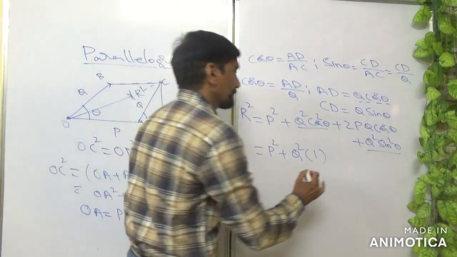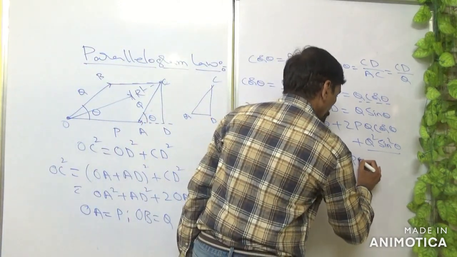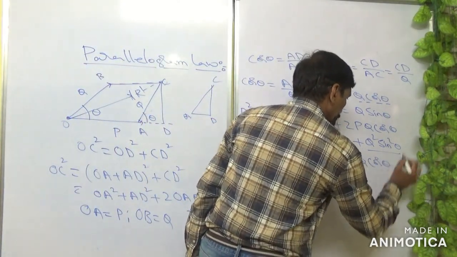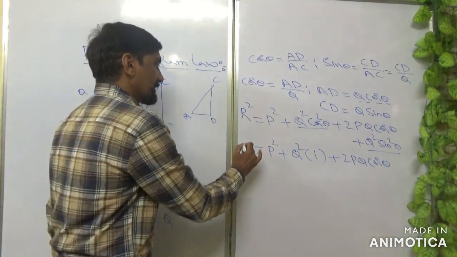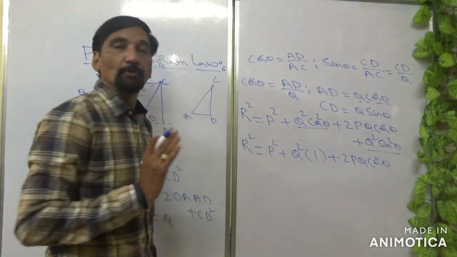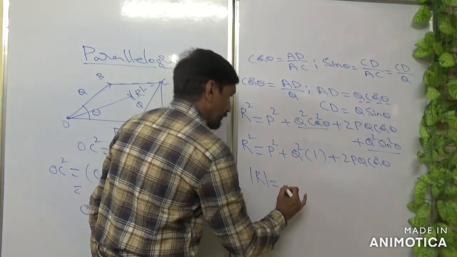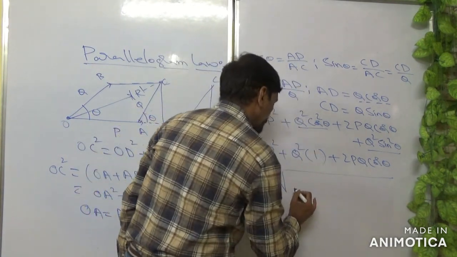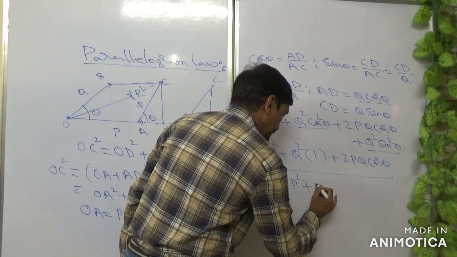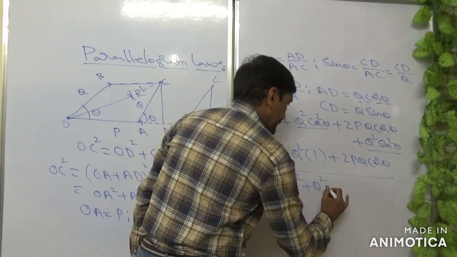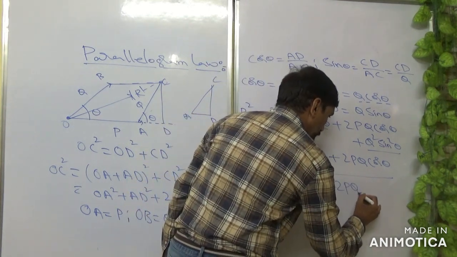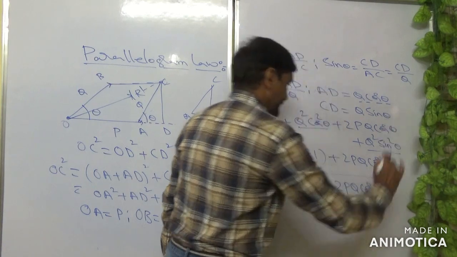Plus 2PQ cos theta. That is R square. You want to find R now, so root over P square plus Q square plus 2PQ cos theta.